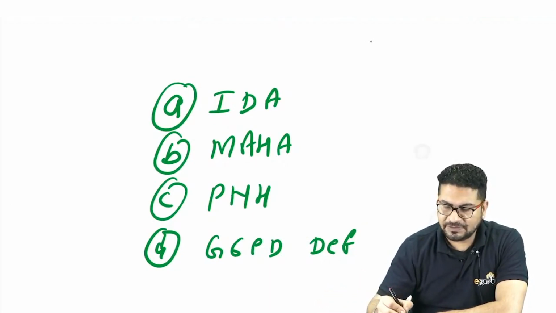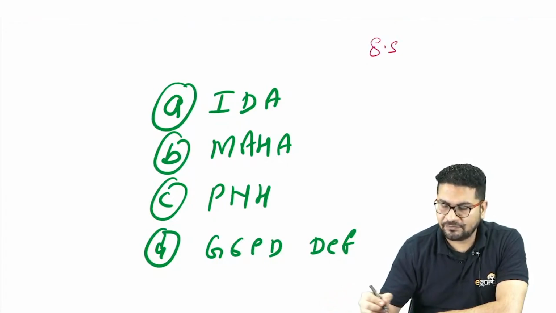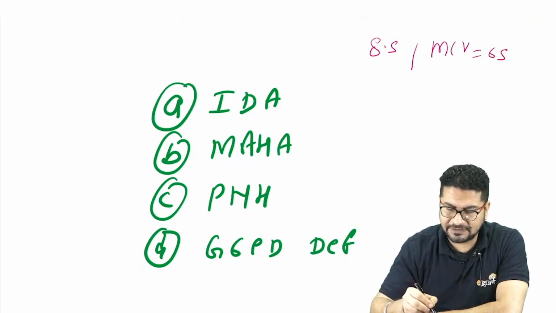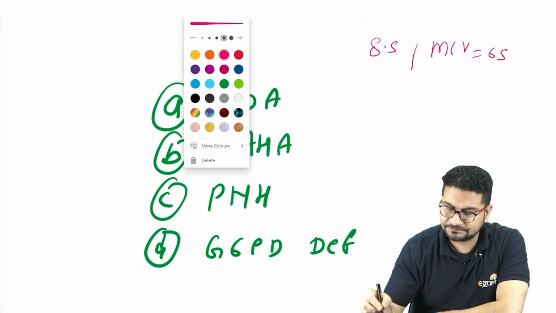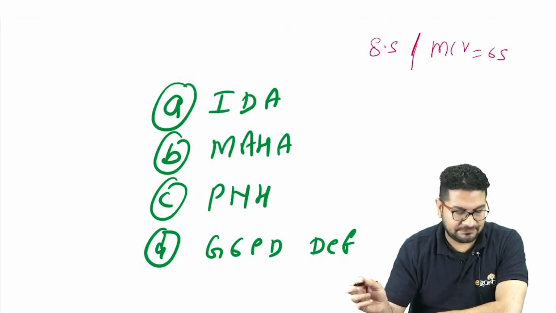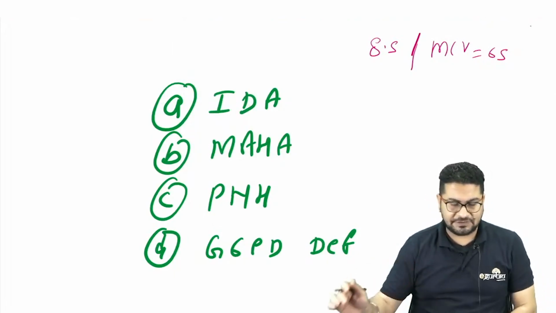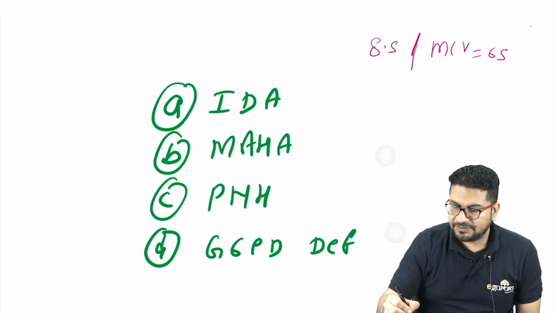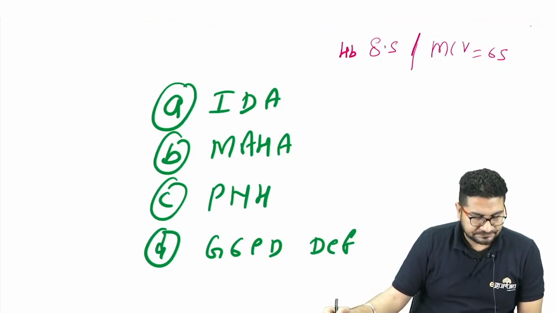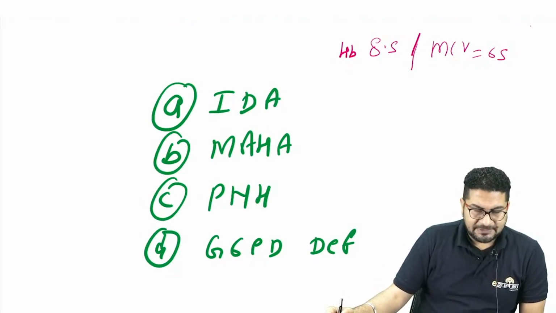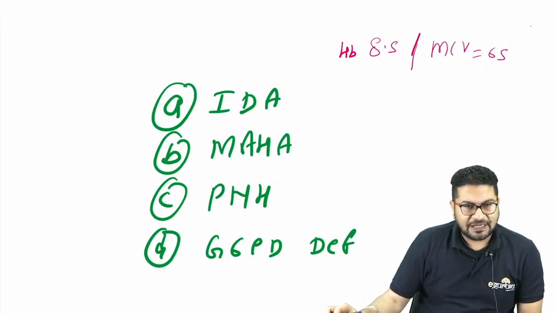A CBC report shows a hemoglobin value of 8.5 and MCV value of 65. What is the diagnosis? Try to answer. Tell me the answer. It is microcytic hypochromic anemia.